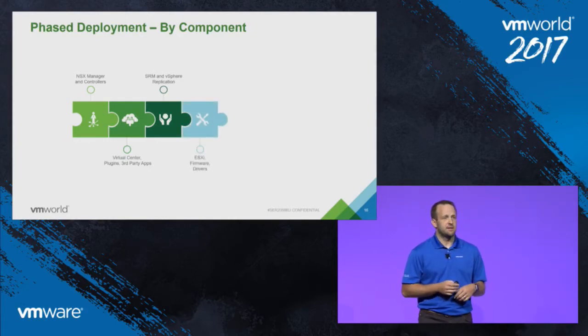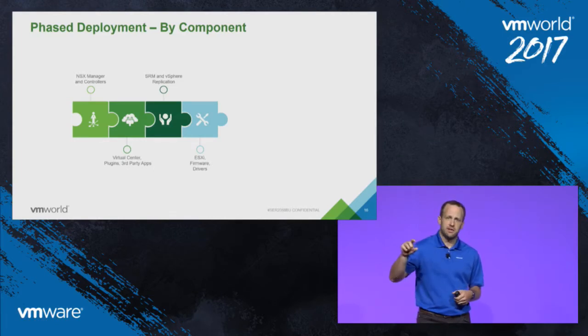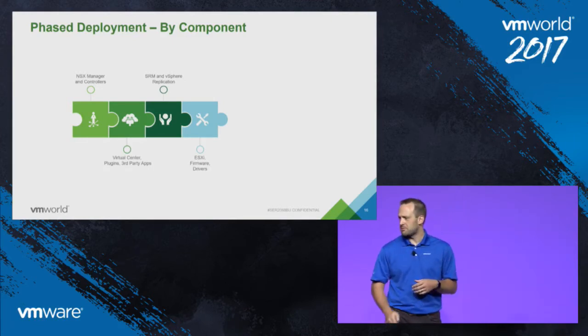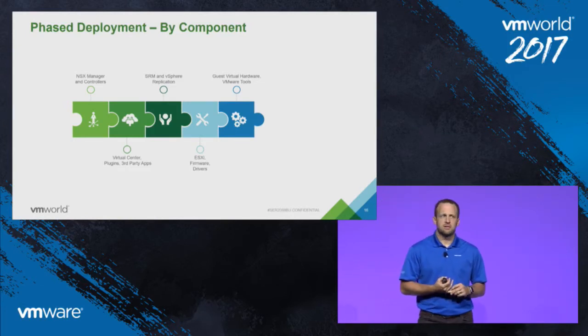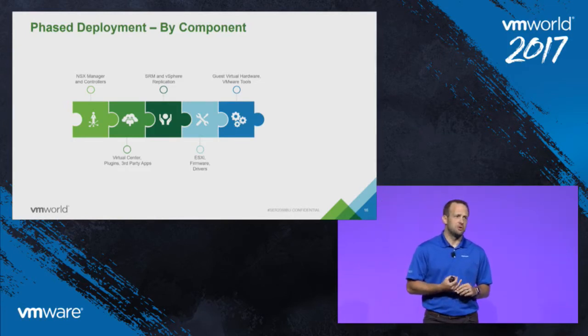Finally, we get to the ESXi servers. When we do the ESXi upgrades, it's quite important, and we've learned through trial and error, that you have to upgrade the firmware and the drivers to keep with the HCL and to keep in a supported band with all of the vendors. Then we finally get to the guest operating systems, the virtual machines, VMware Tools.